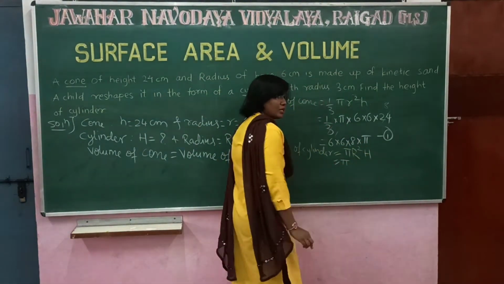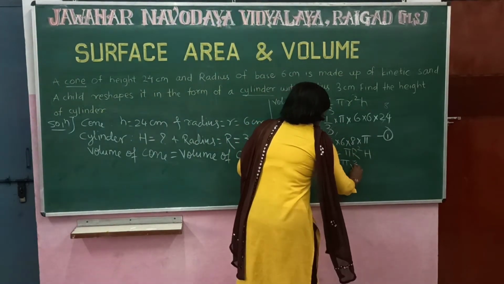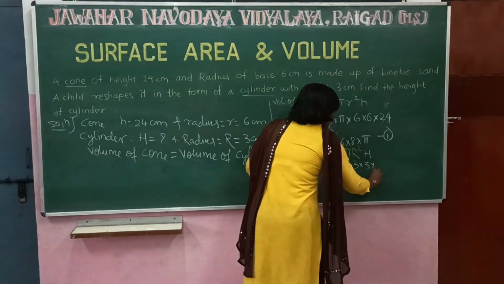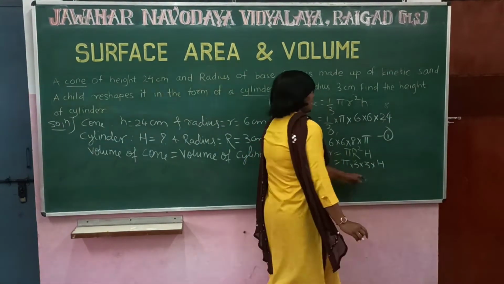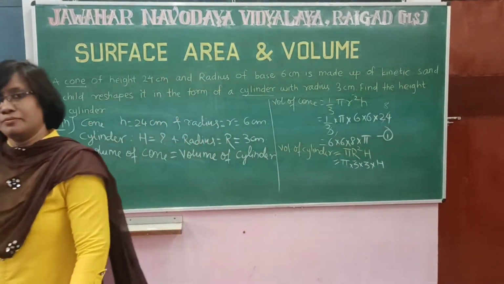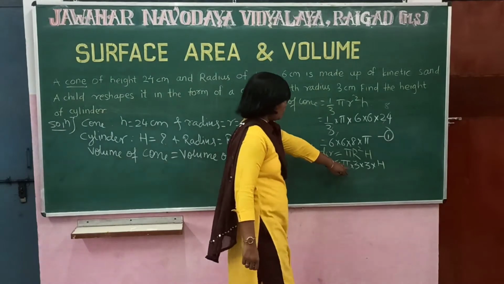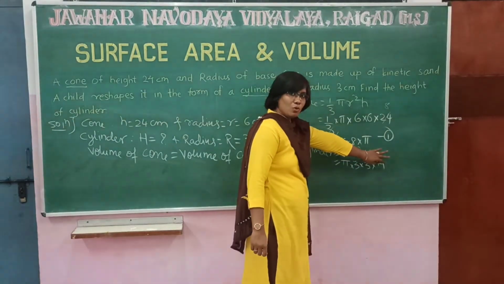Pi, capital R square, what is the value? 3, into h. H is unknown, that we have to find out.